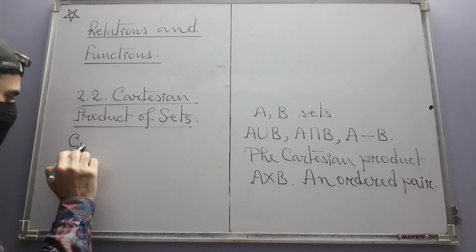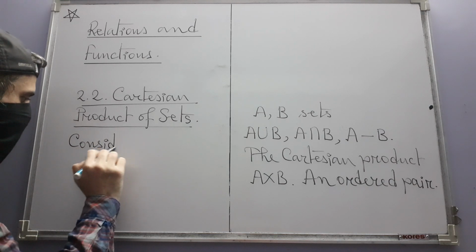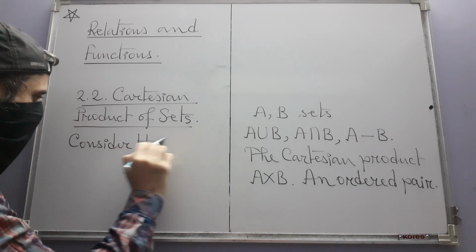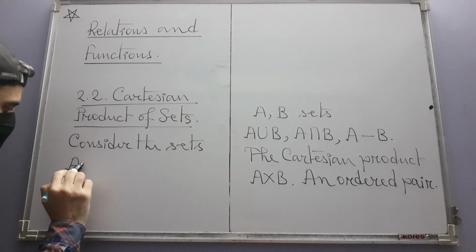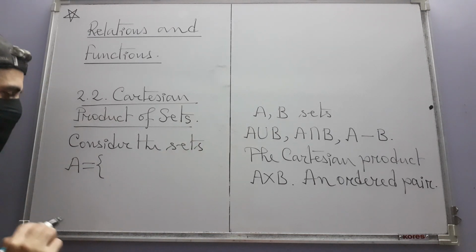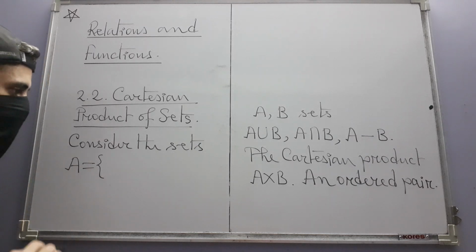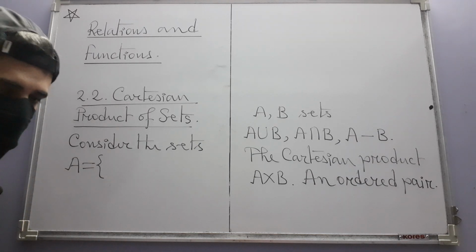Consider the sets A and B. Say A is the set of the two colors red and blue.